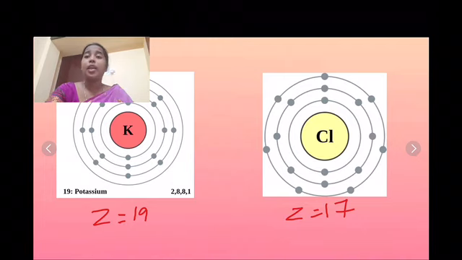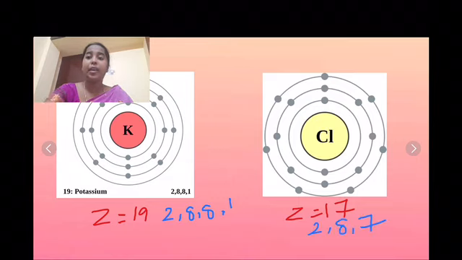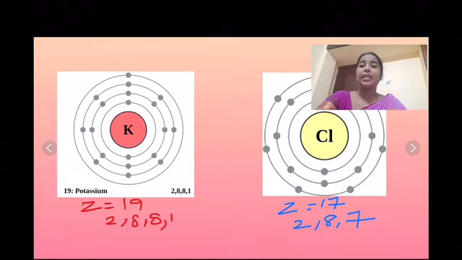For potassium, we write the electronic configuration as 2, 8, 8, 1. And for chlorine, the atomic number is 17, and we write the electronic configuration as 2, 8, 7. So, in an atom, the outermost shell we call the valence shell.